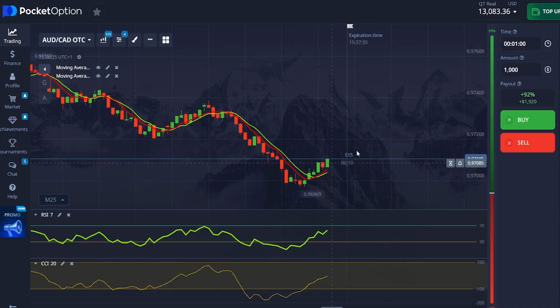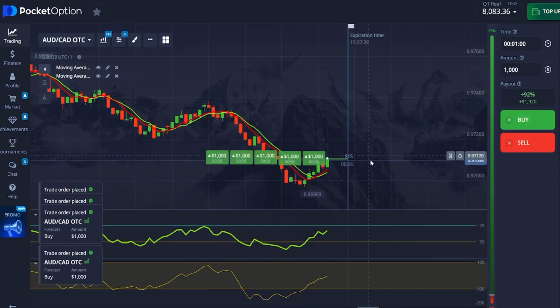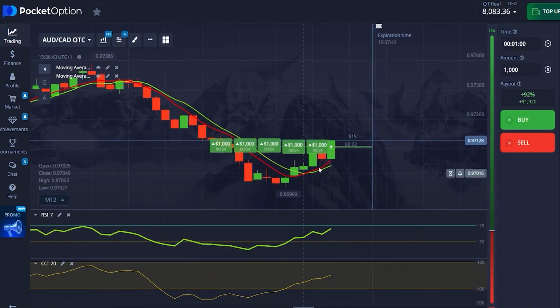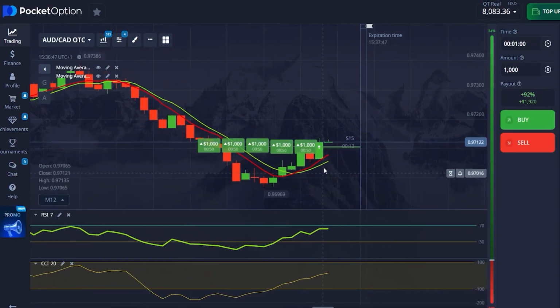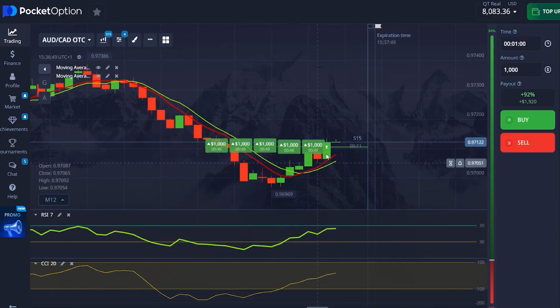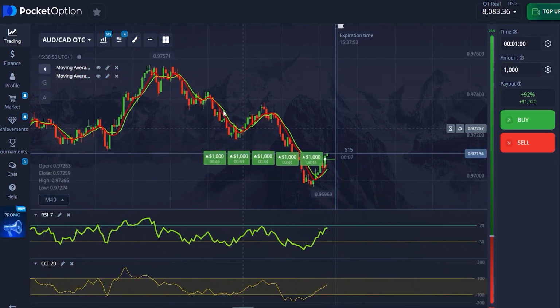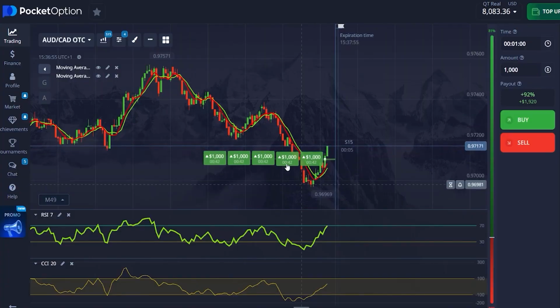So right here I found another opportunity for an up position. I found my two moving average lines intersecting each other, giving me an upside directional move. And basically, the trend is in a downtrend.